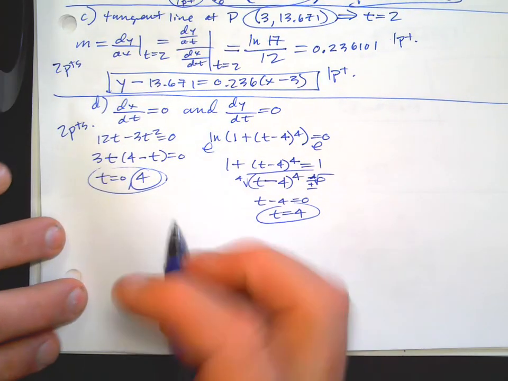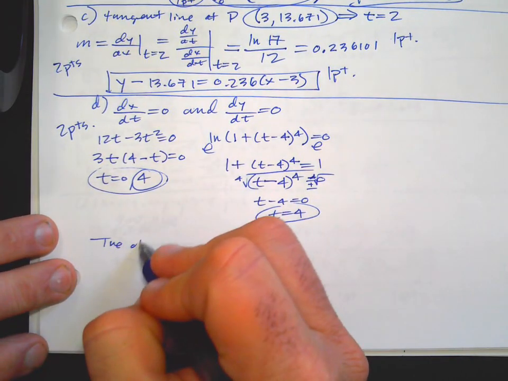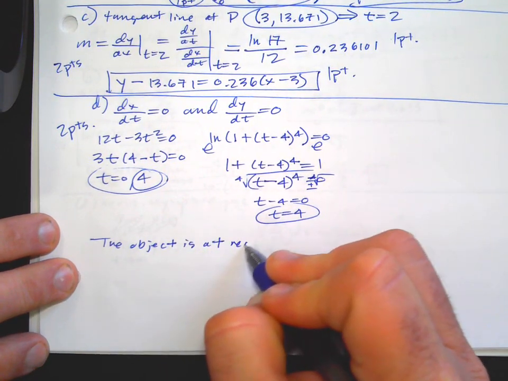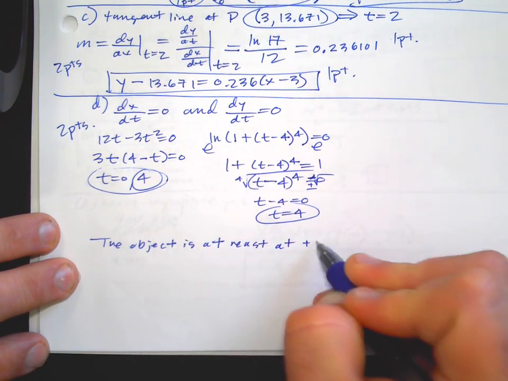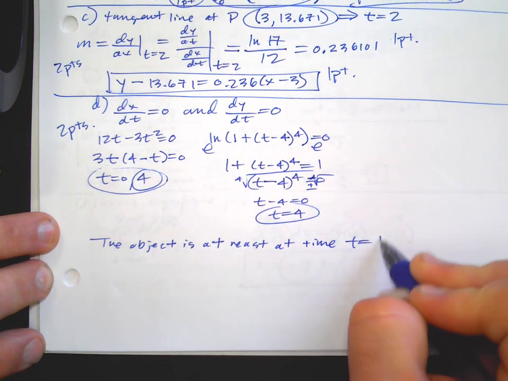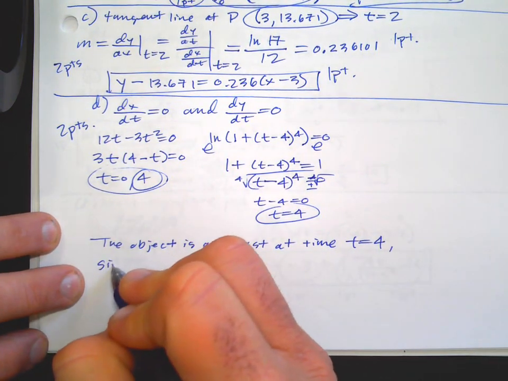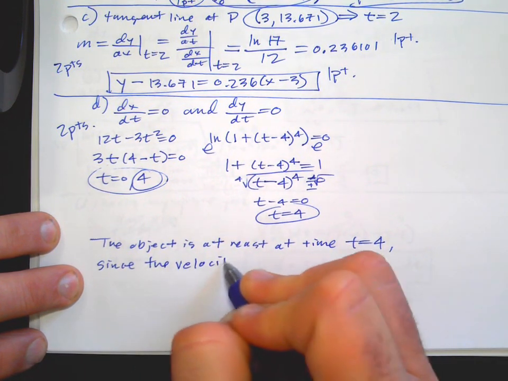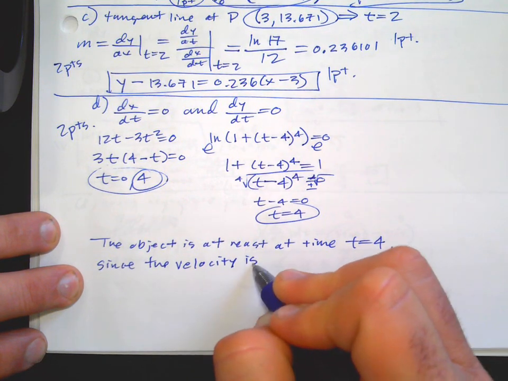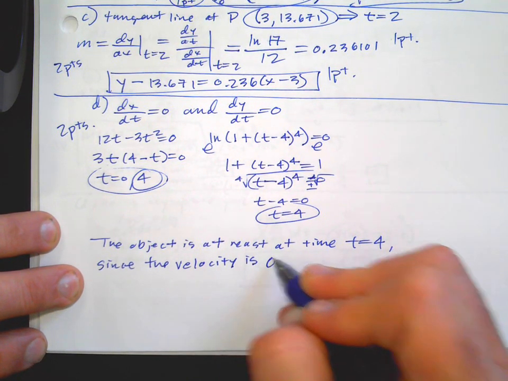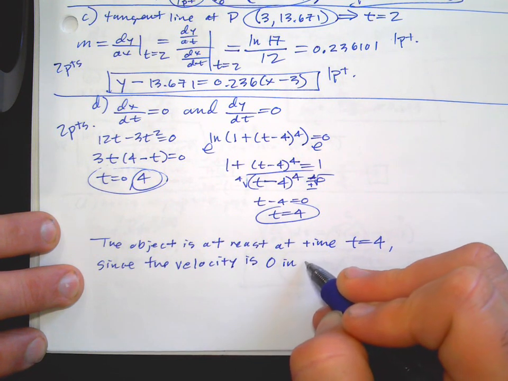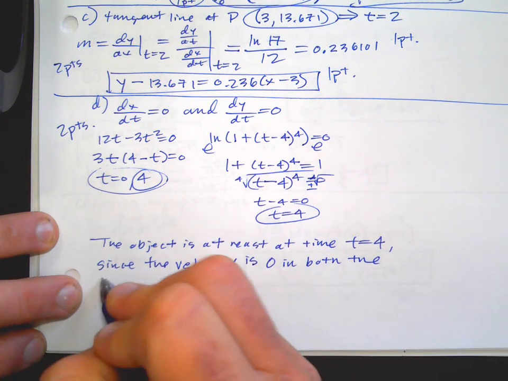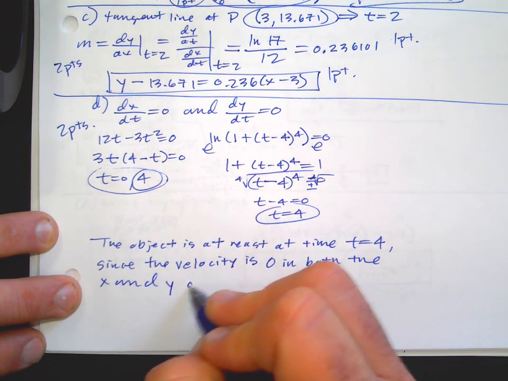So we're going to write the object is at rest at time t equals 4, since the velocity is 0 in both the x and y directions.